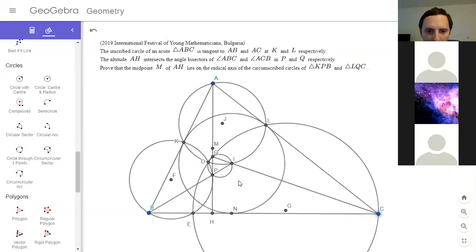It might, though. Okay, so we have the circumcircle of BKP.